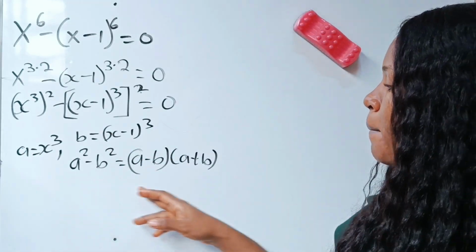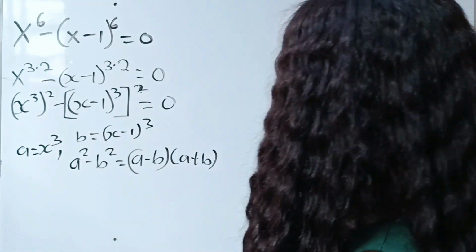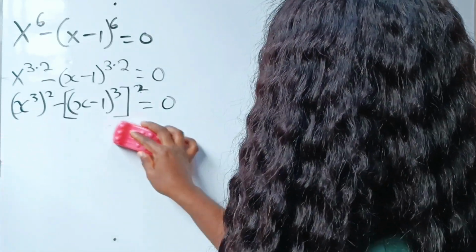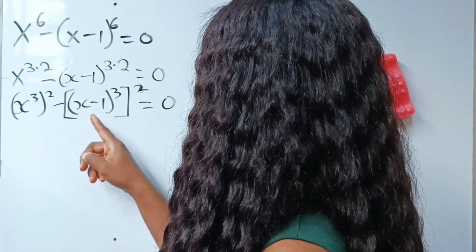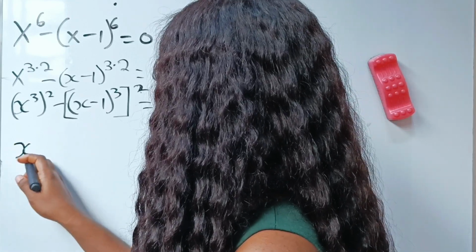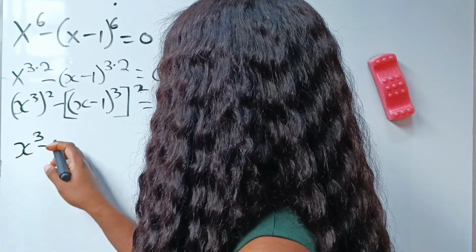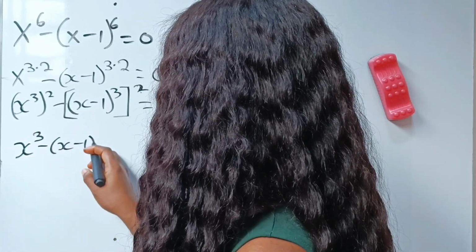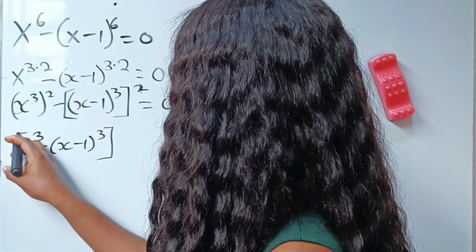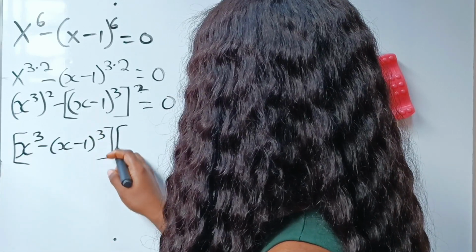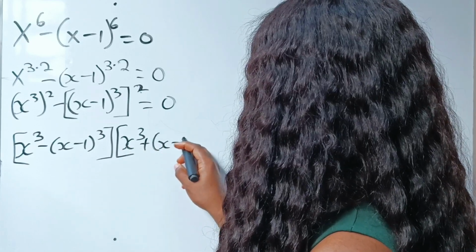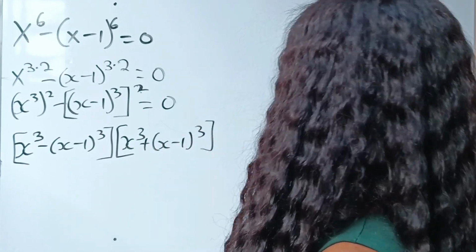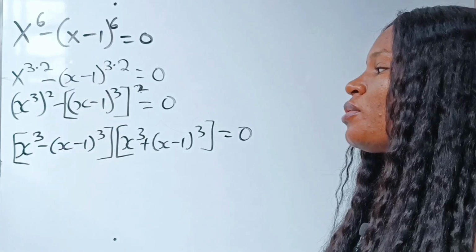So we are going to apply this particular identity here. If we do that, this is going to be this minus this, that is x to the power of 3 minus x minus 1 to the power of 3, multiplied by x to the power of 3 plus x minus 1 to the power of 3, is equal to 0.